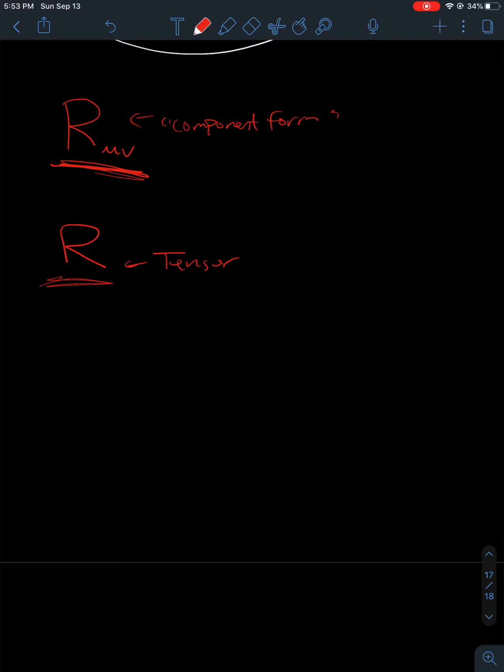So it turns out that we can represent tensors as things called matrices. Like I can represent the number 5 as 5 in a matrix, pretty much in a bracket, and the component would be 5. 5 is the component.